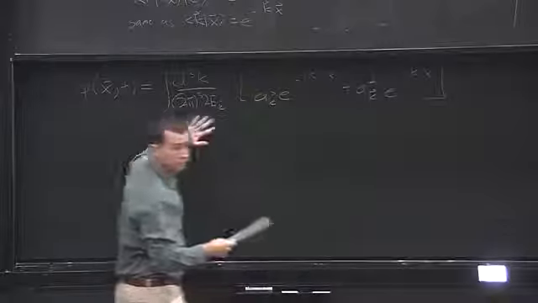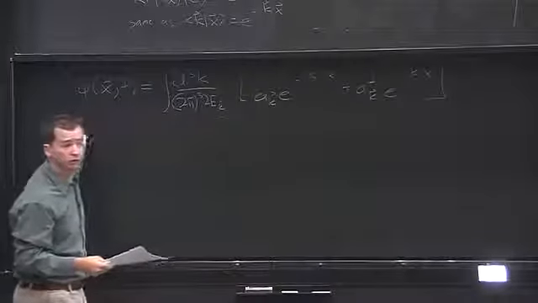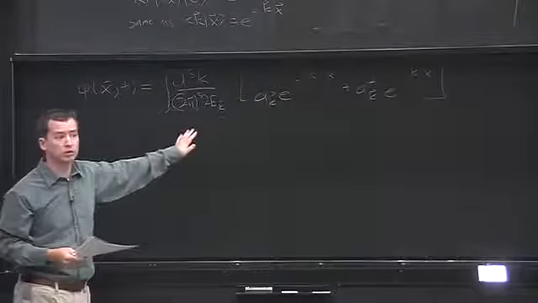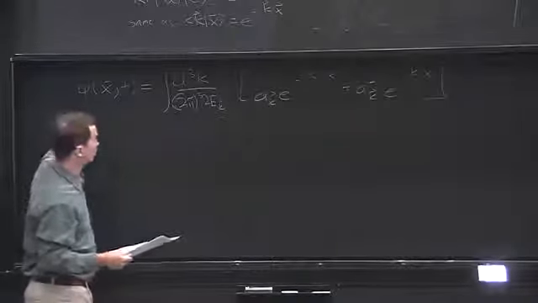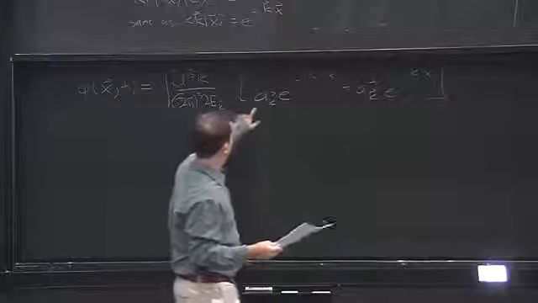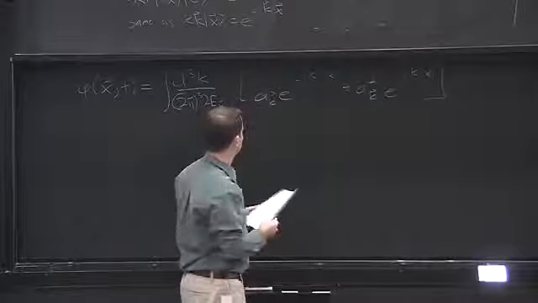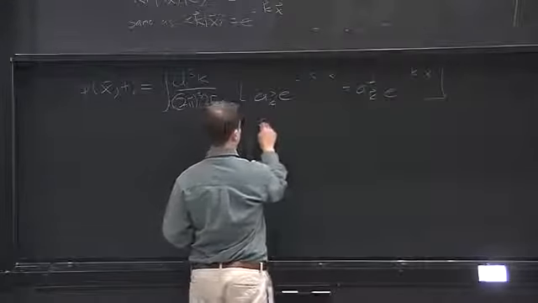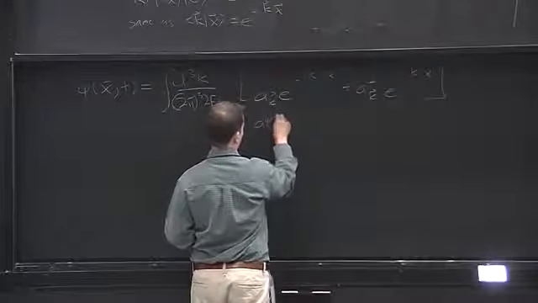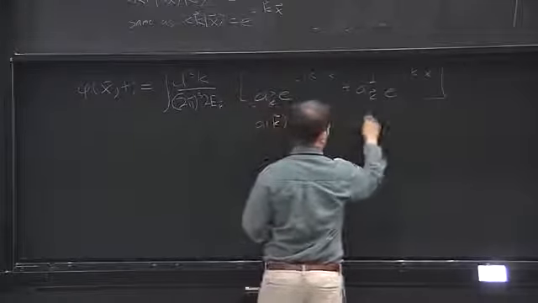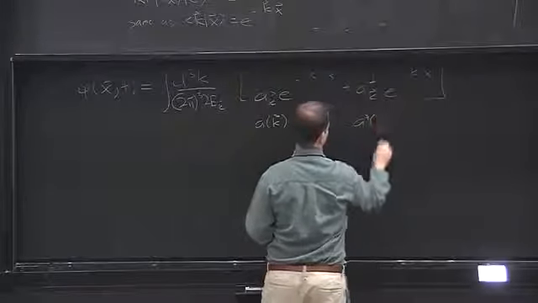So exactly what you would guess based on our original classical solution to the Klein-Gordon equation. We just replaced the mode functions. We had exactly the same expression here, except this was a_k, this a star k.